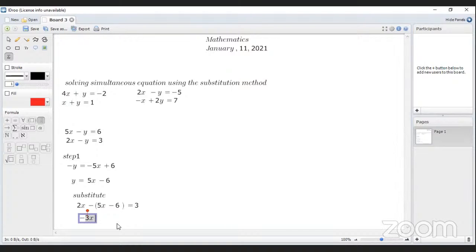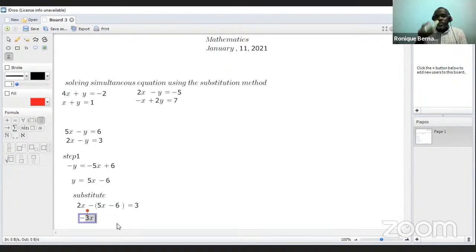So you would subtract because 2x is smaller than 5x. To subtract, you would get a negative.